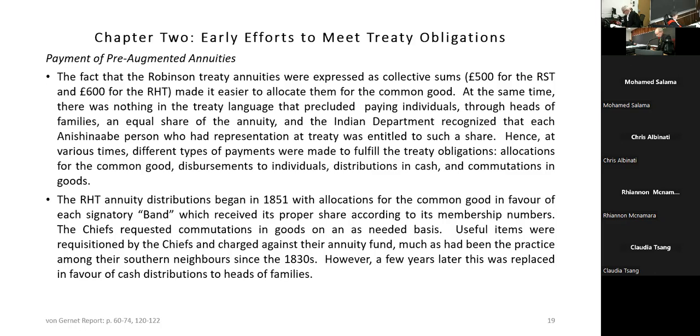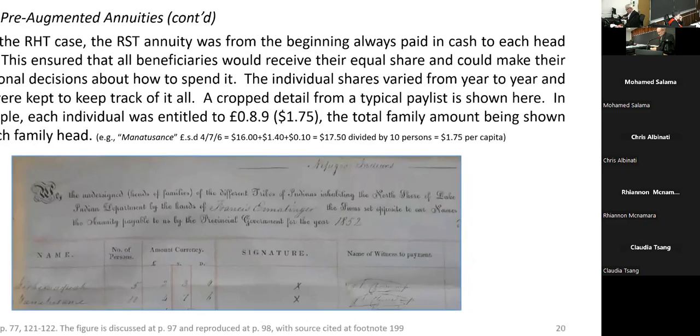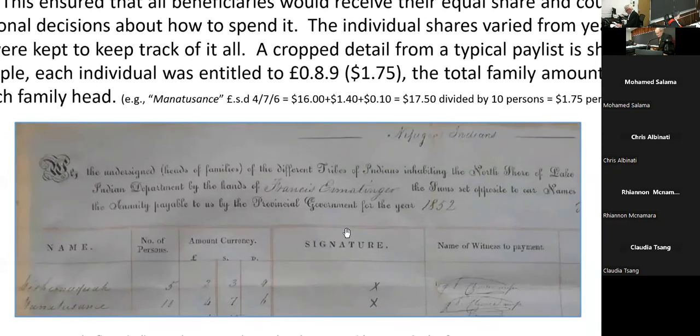You move on to slide 20, to discussion of the RST annuity. Yes. So as I said earlier, the RHT version, at least starting in 1851 and going at least for a few years, it's not entirely clear, and I don't recall when it stopped, but in the early years, it was for allocations to the common good. And each band would receive its share according to its band numbers.